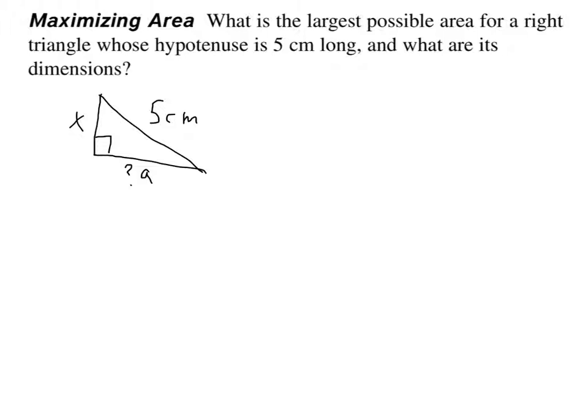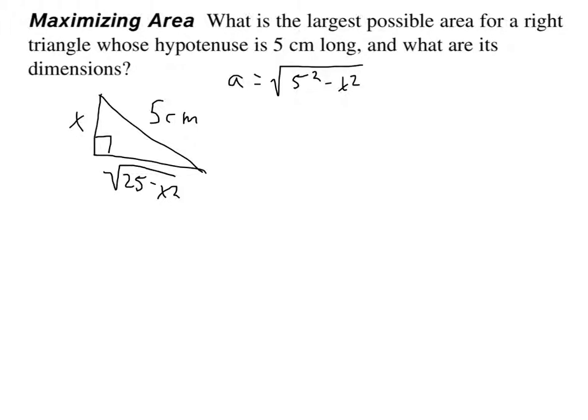in terms of x. So if I was to solve for a, it would equal the square root of 5 squared minus x squared. So instead of writing a down there, I'm going to change that to the square root of 25 minus x squared. Because now I can represent the area of this triangle by using base times height with just one variable.